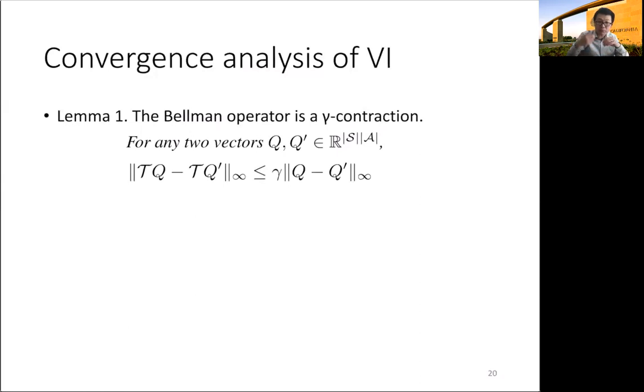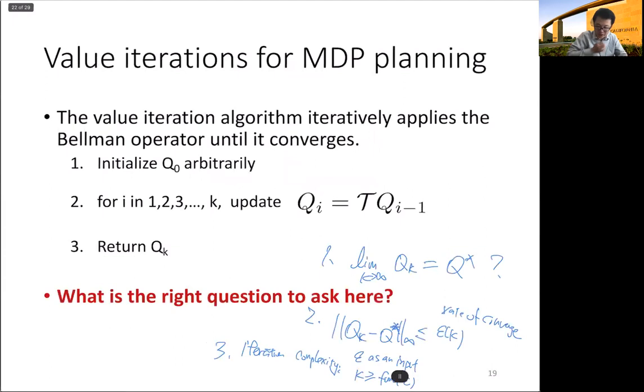If we keep applying the same Bellman operator, substituting Q prime to be Q star and the first Q to be our initialization, you will get a sequence that converges to 0. This indicates that the L infinity norm of Qk minus Q star gets smaller exponentially as k increases.